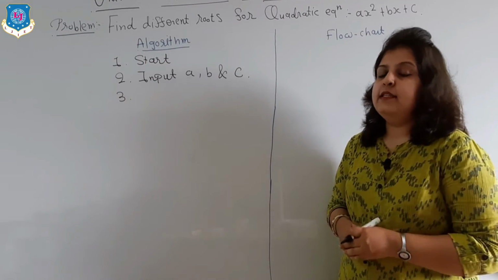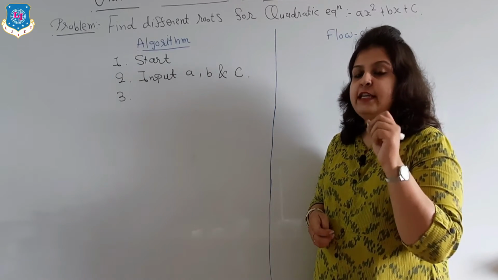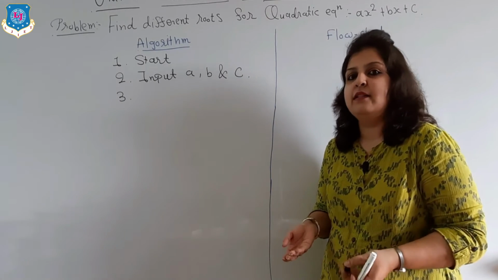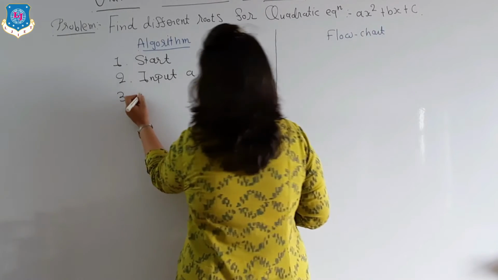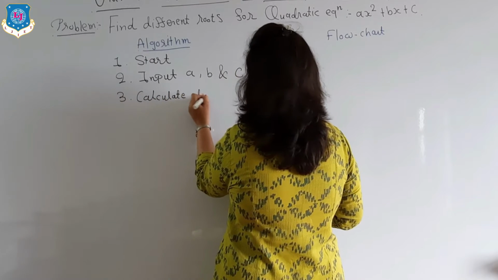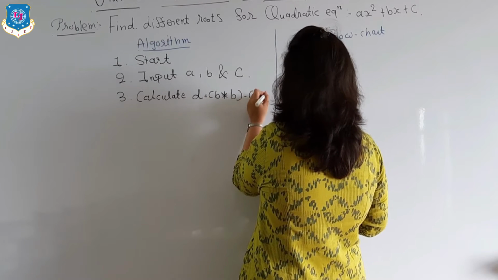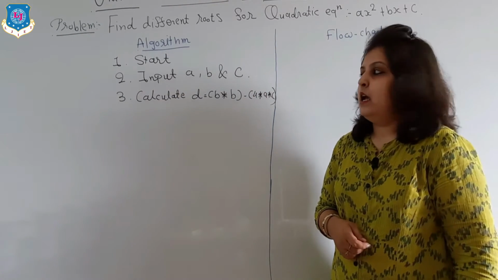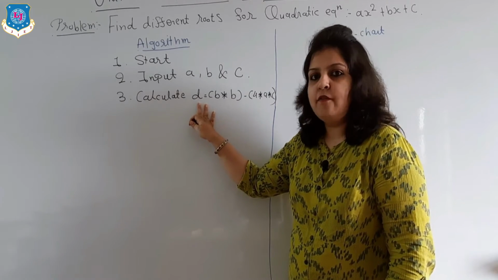Our next step is to calculate the value of delta, and here we are using the d symbol instead of delta, because in C programming we have to use variables. We can't use that type of sign. So simply write: calculate d is equal to b into b minus 4 into a into c. After executing this statement we will get the value of d.